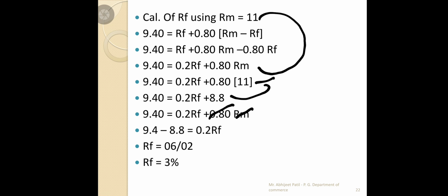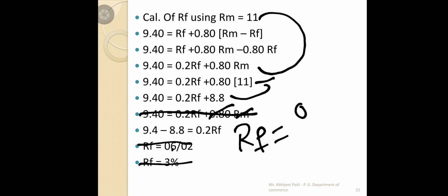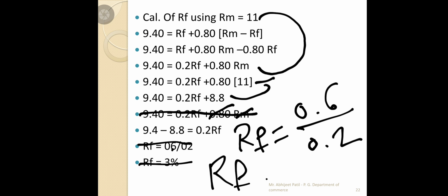This was a wrong equation. Then 9.40 minus 8.8 leaves 0.2 RF. So 9.40 minus 8.8 comes to 0.6. It comes RF is equal to 0.6 divided by 0.2, so RF is equal to 3%. This is the RF value we get from the calculations.